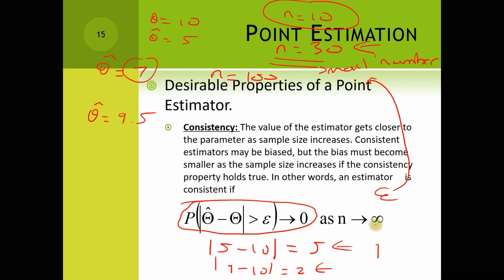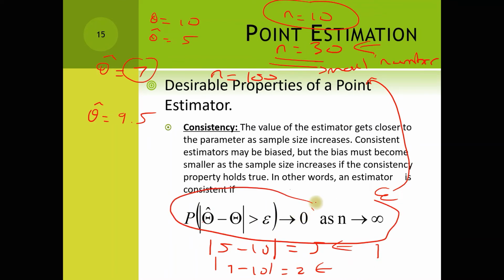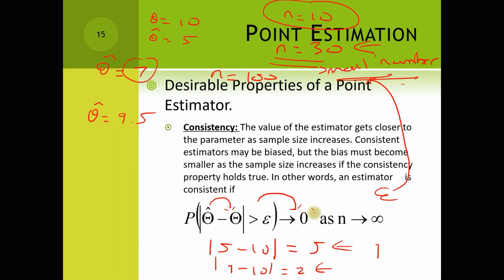So the more I increase the sample size, this principle is showing me, the more the sample size gets larger and larger, it means that the probability of having even a small difference will get very close to zero. It will tend towards zero. So the probability of getting a small difference will get close to zero. This is what consistency is about. What would happen? Let's suppose if I'm taking n equal to 10, I get a difference of 5.